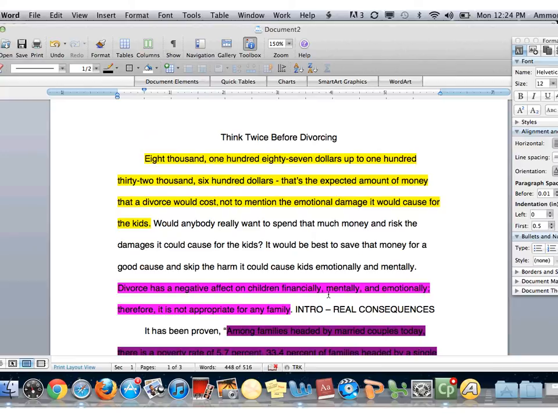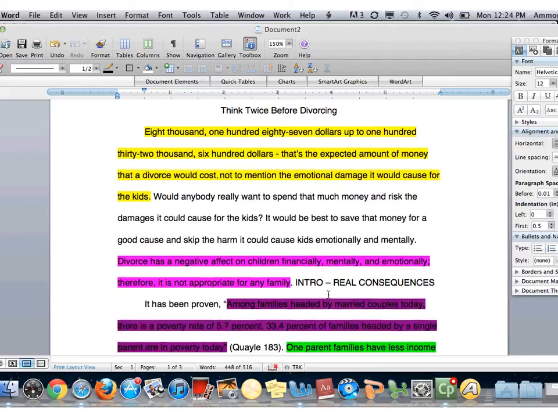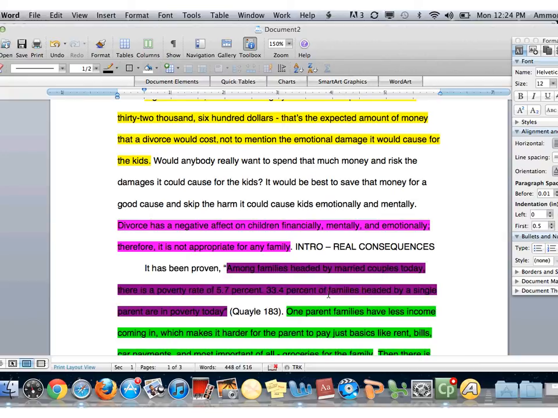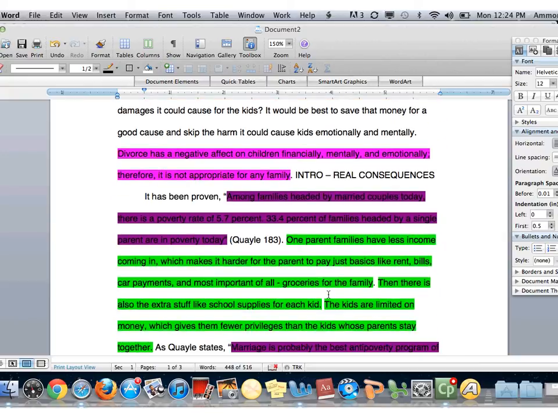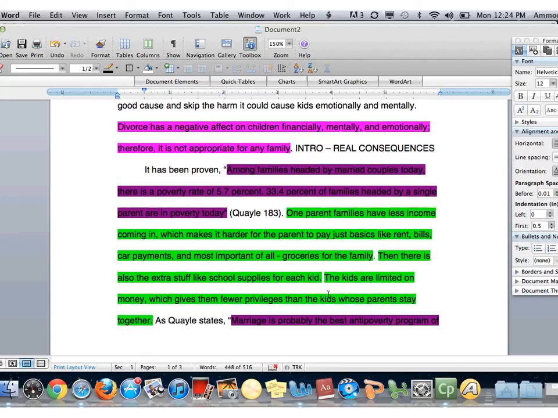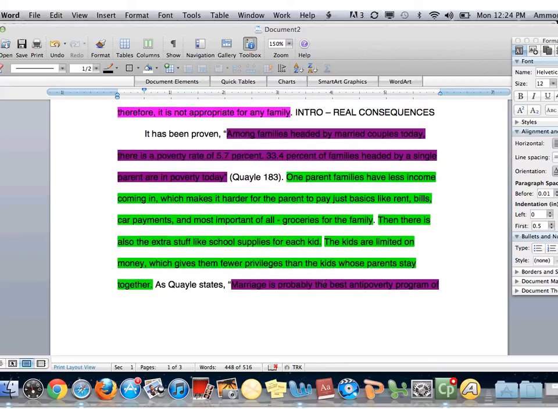But now this student can get this back and say, okay, I'm going to look exactly at what's highlighted, and it's very visual now. It should be somewhat balanced. I should be able to find a topic sentence, some background, some evidence, and some discussion of every evidence in each paragraph.